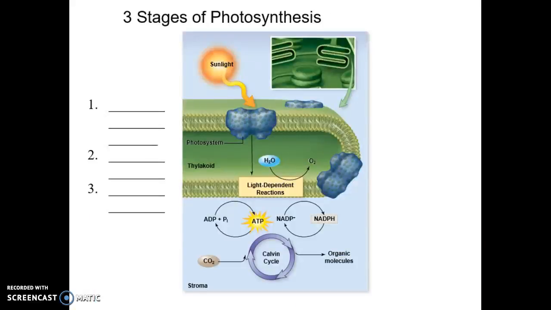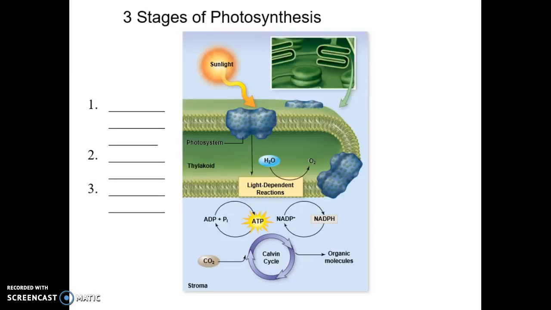Okay, so photosynthesis in general has three broad stages, things that have to happen for the entire pathway to work. Stage one is capturing sunlight. The organism has to have a mechanism in place in which it can capture sunlight. Stage two is making ATP and these little structures called NADPH.